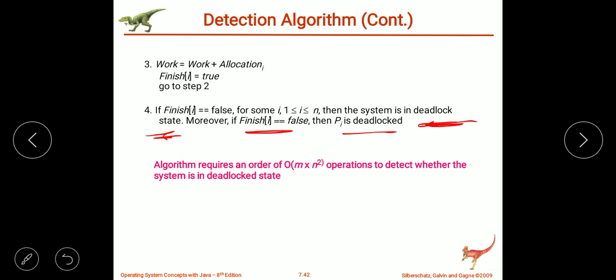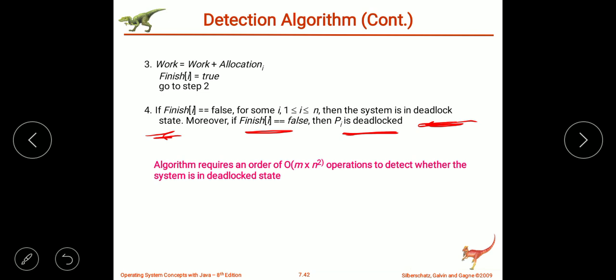So there is a slight difference between banker's algorithm and this algorithm. In banker's algorithm, we would be checking whether finish of I is equal to true for all. If it is true, then we can say it is in a safe state, right? Here we will be checking whether finish of I is false for any of the processes, any, not all.